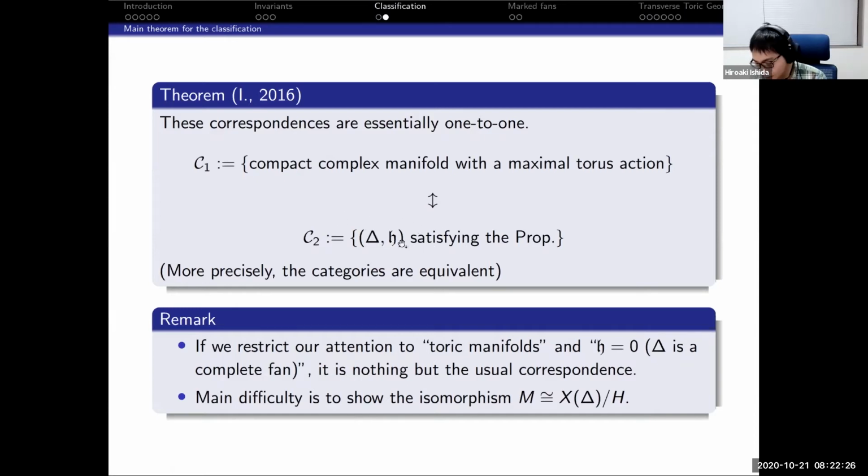And conversely, we can construct a compact complex manifold with a maximal torus action from the pair. So the main theorem says that these correspondences are essentially one-to-one. More precisely, these categories are equivalent.